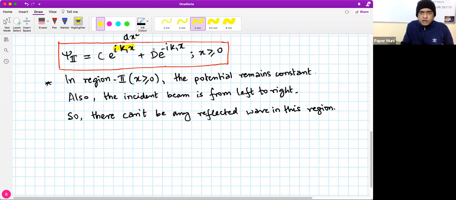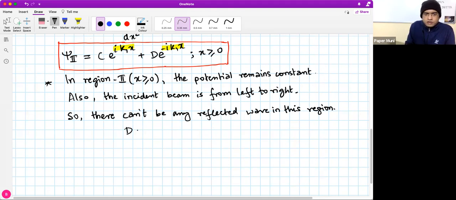Since momentum is a vector quantity, this wave function represents a particle moving towards the negative x-axis. So in this region this component should not be there, since there is no reflection possible, or there is no incident beam. So d should be 0, because we want the mathematical representation of the wave function to match the situation we have modeled.